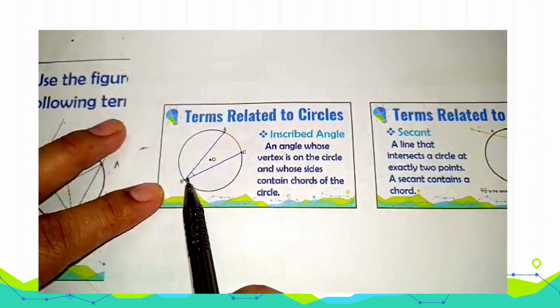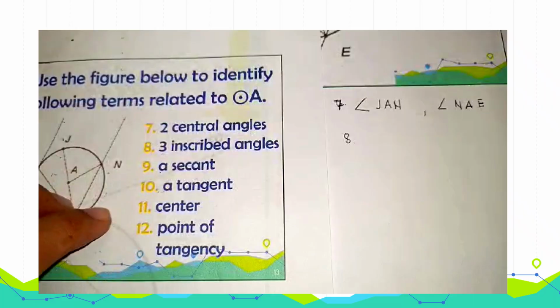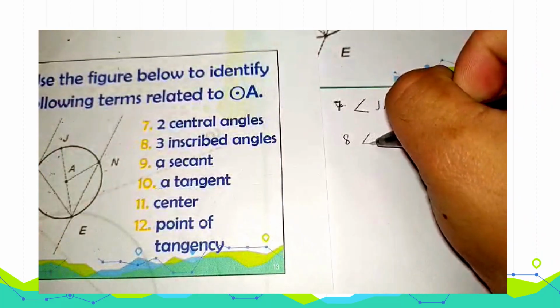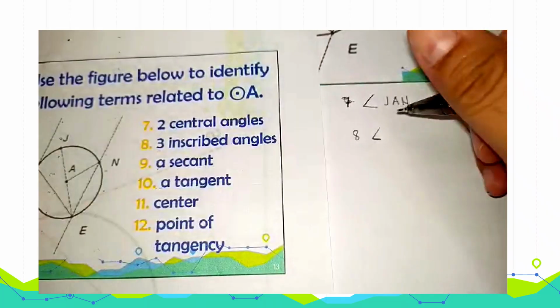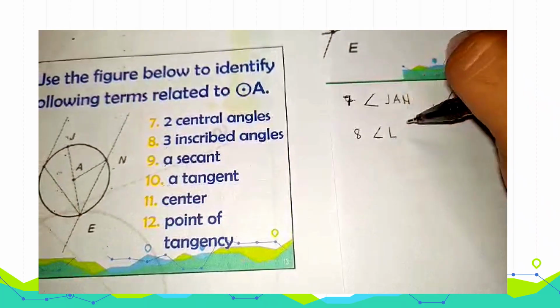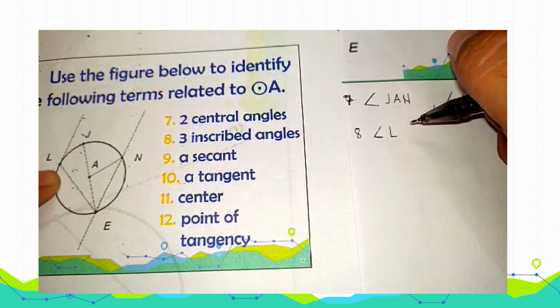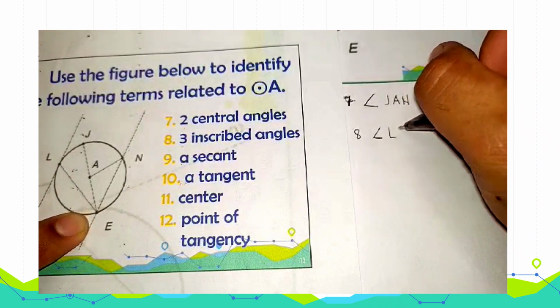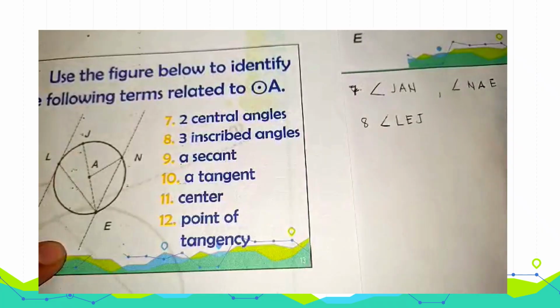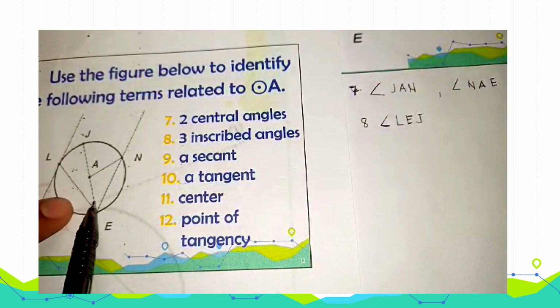The vertex is also a point on the circle. So we will have angle, this is the symbol, angle LEJ.